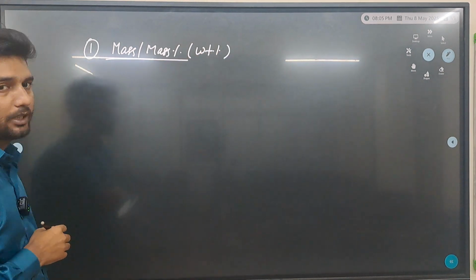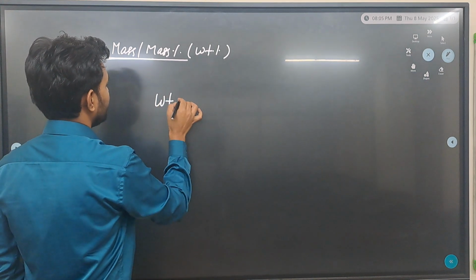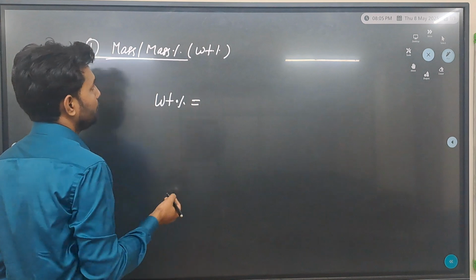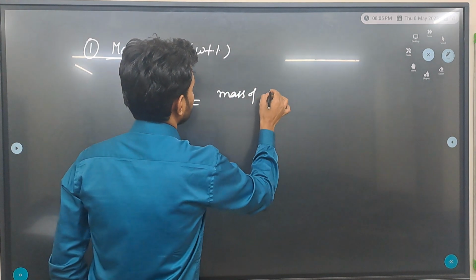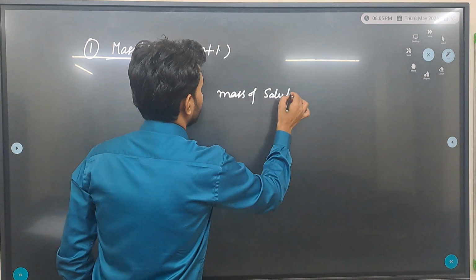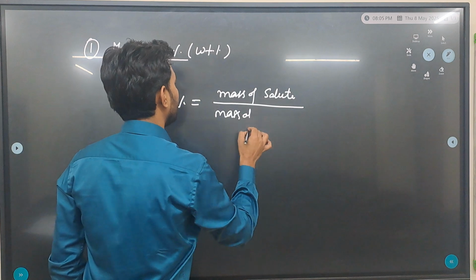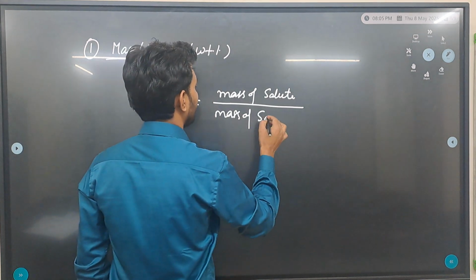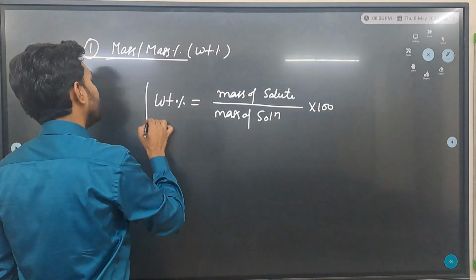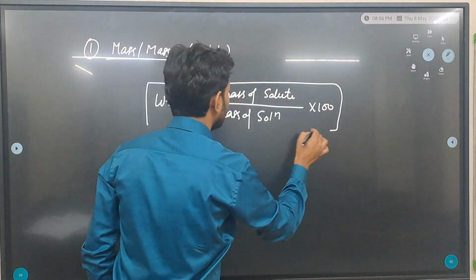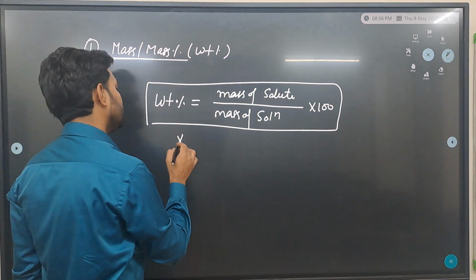The formula for mass by mass percentage, or weight percentage, is equal to mass of solute divided by mass of solution, into 100. This is the formula for mass by mass percentage, and it is unitless.